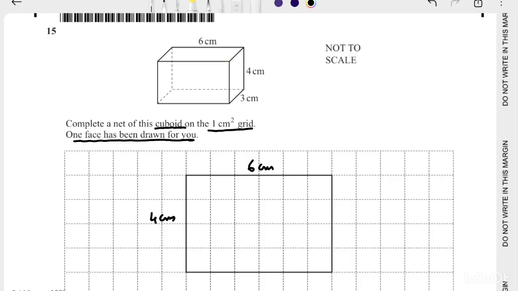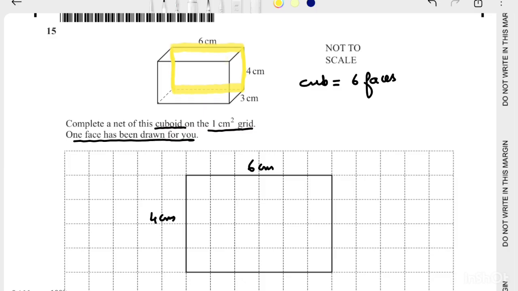We know that a cuboid has a total of 6 faces. So one face is drawn, that is this one. This face is drawn. Now we have to draw other rectangles.